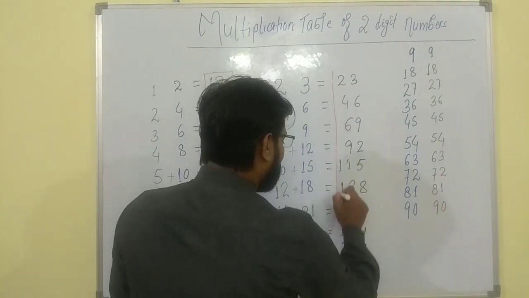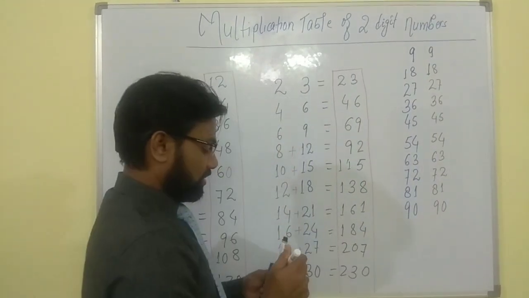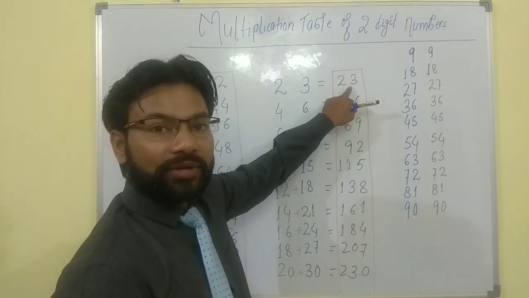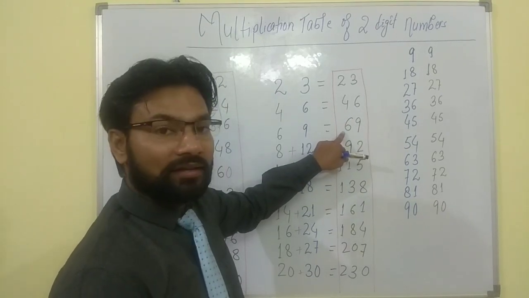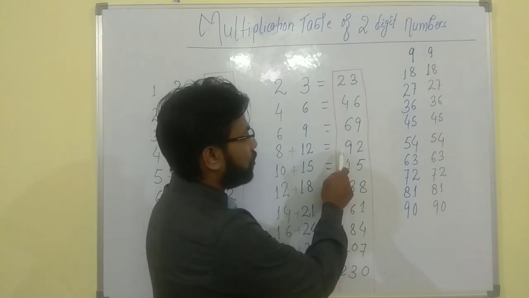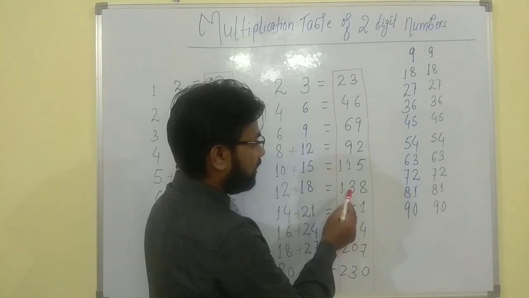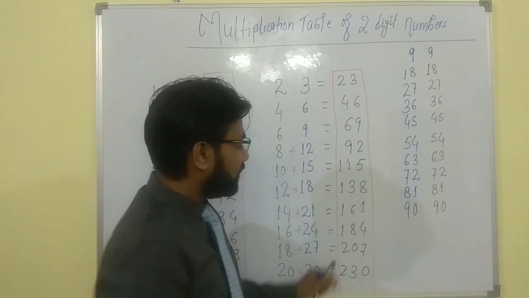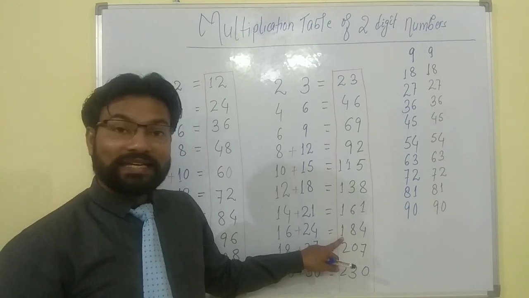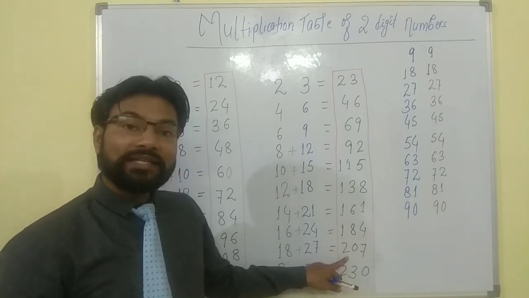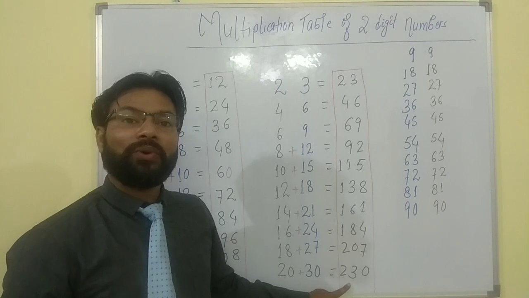Let's start from the top. 23 ones are 23, 23 twos are 46, 23 threes are 69, 23 fours are 92, 23 fives are 115, 23 sixes are 138, 23 sevens are 161, 23 eights are 184, 23 nines are 207, and 23 tens are 230.